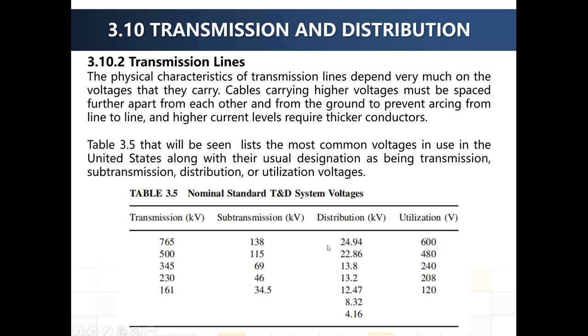For distribution, the voltage levels can be 24.94, 22.86, 13.8, 13.2, 12.47, 8.32, and 4.16. On the utilization end, the voltage is 600 volts, 480 volts, 240 volts, 208 volts, and 120 volts.